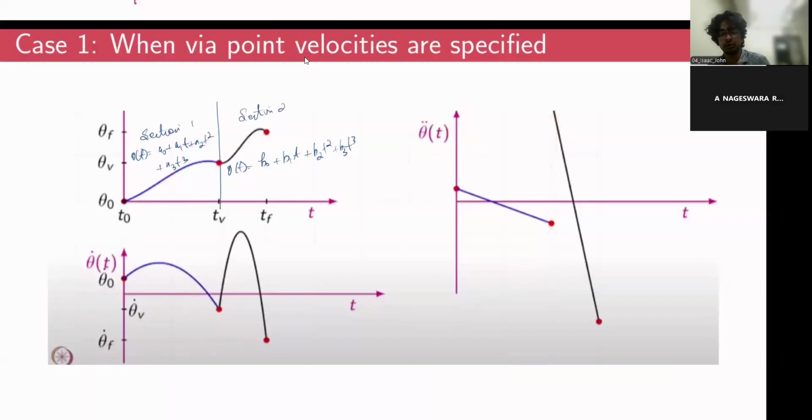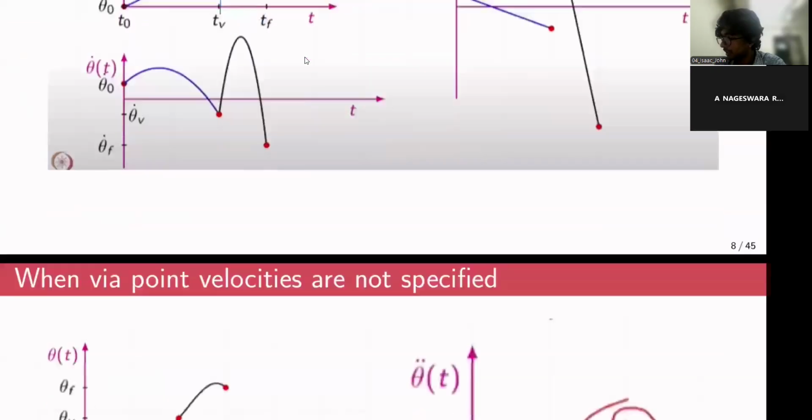So as it passes through the via points, it will have some jerks or some wild accelerations in case the via point velocities are specified. All right, that is the implication when via point velocities are specified.